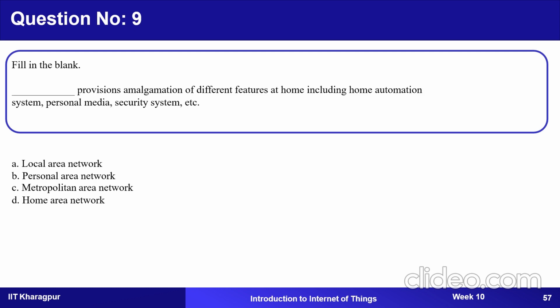Next question is, blank provisions amalgamation of different features at home including home automation system, personal media, security system, etc. Options are local area network, personal area network, metropolitan area network, and home area network. This is very clear.